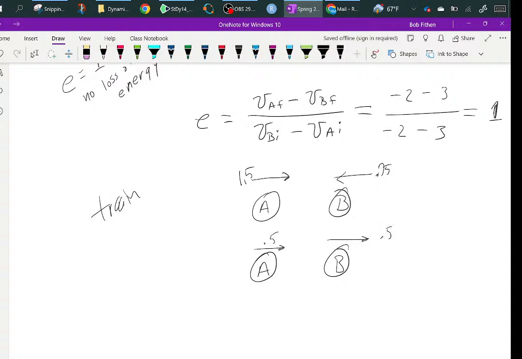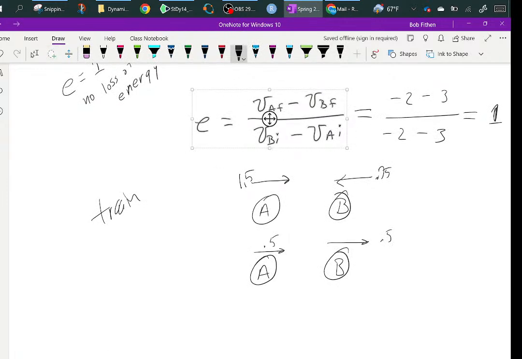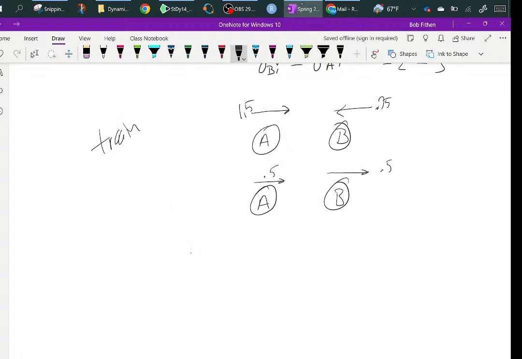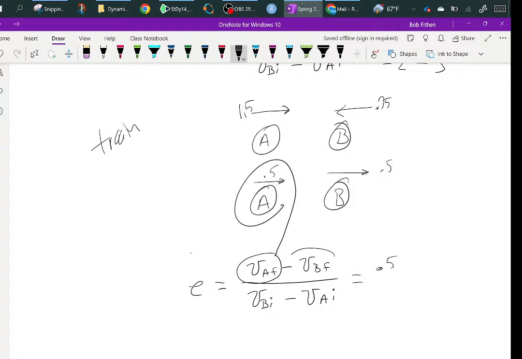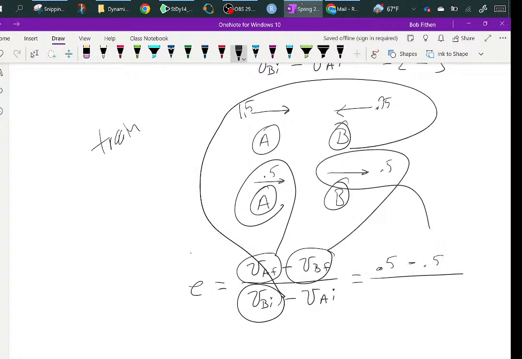Now, here we go. I'm just going to copy this and paste it in here. Now, hopefully I don't get confused. VA final minus VB final, over VB initial minus VA initial.